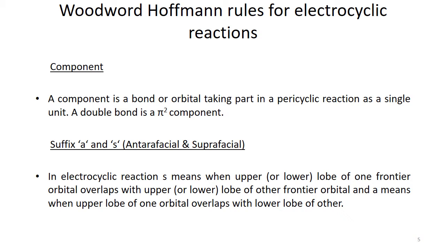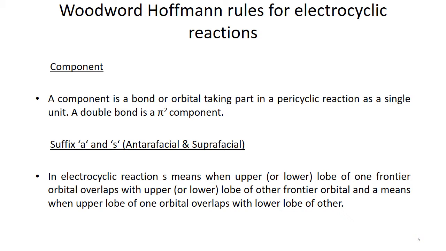Next we talk about the suffix, the last part that comes after the pi component. The a and s represent antarafacial and suprafacial. These two terms are used in cycloaddition reactions, where two components interact together, like in the case of a diene and a dienophile.